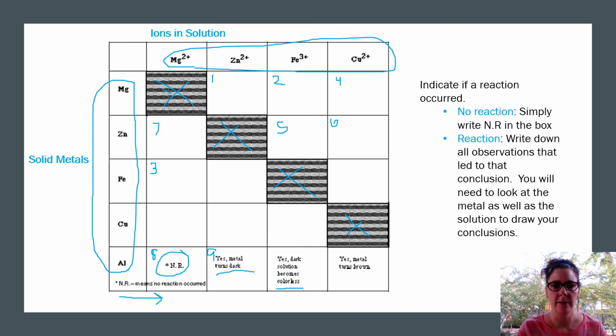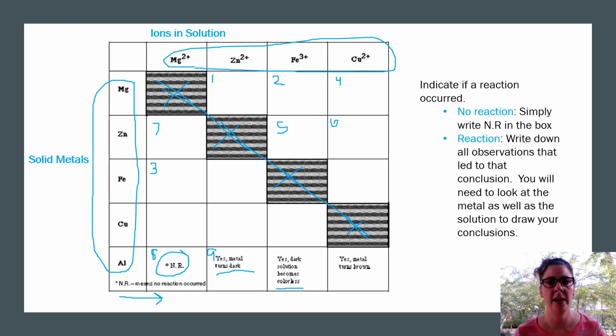You're not writing out any of these that have been grayed out for you. Okay, so you should have exactly enough lines to cover writing out a net ionic equation for all of the boxes, again, including the aluminum. Okay, so that's essentially it.